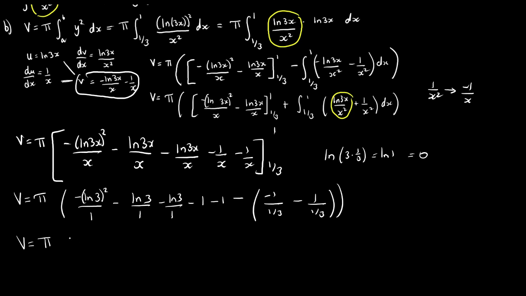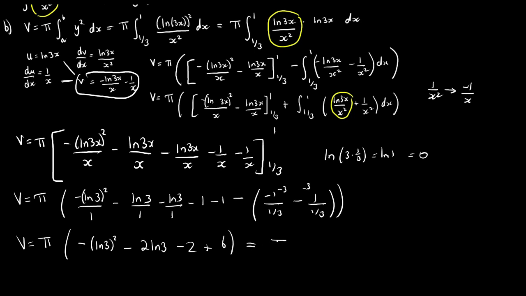As we're getting there, we've got a volume of pi times minus log 3 squared, minus 2 log 3, minus 2, plus, I get minus 3 from that, minus 3, so minus 6, and when I'm taking it away I get a plus 6.